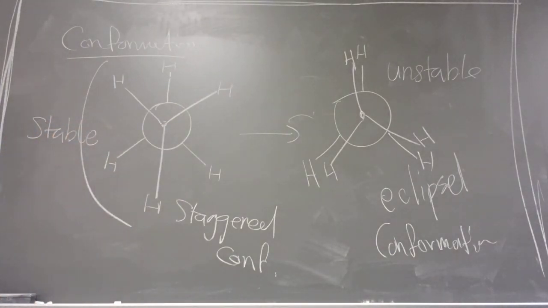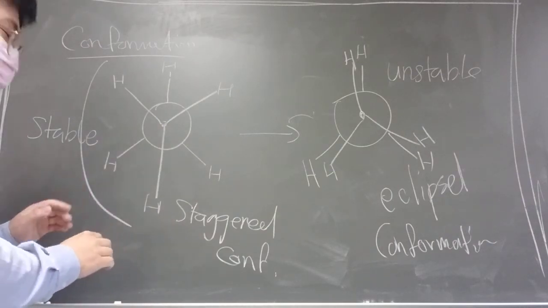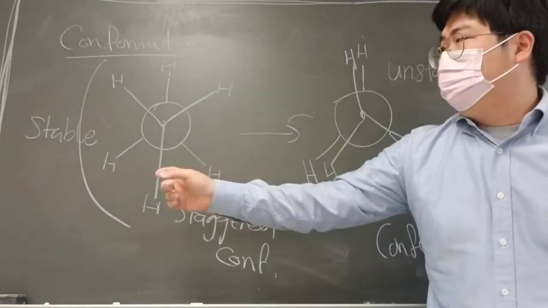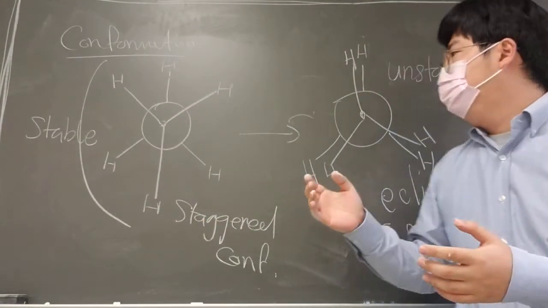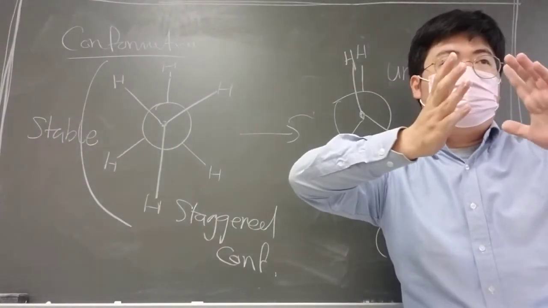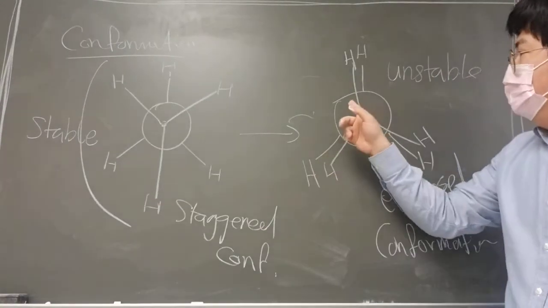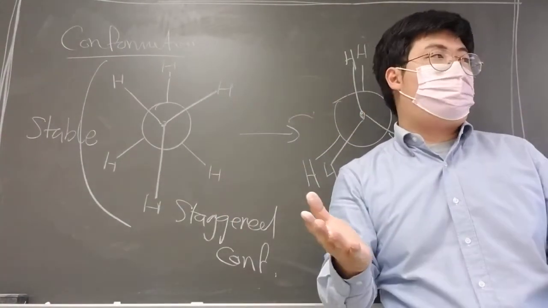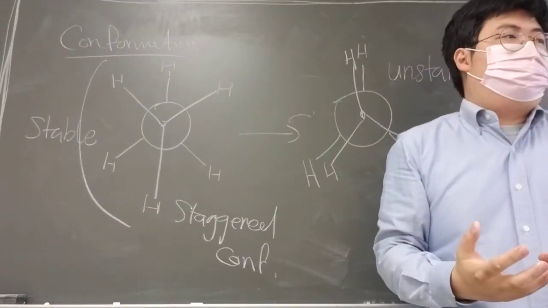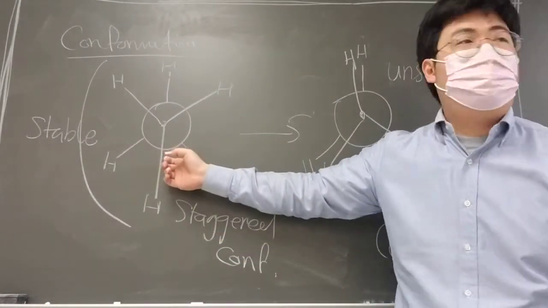And there's one word that will be on the exam for sure. This is very important, so I want you to remember this one. Here's the thing: if this is stable and this is unstable, then whenever you rotate it, from here to here, no problem, right? But from here to here, they will resist, because they want to stay in the stable form.